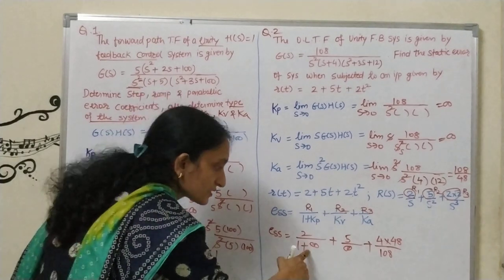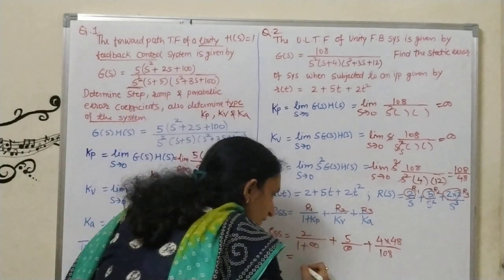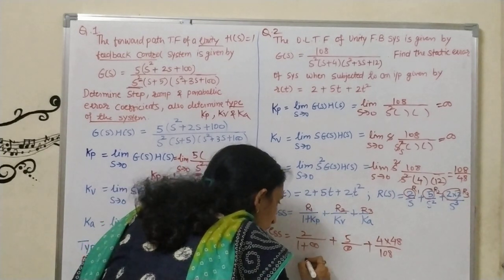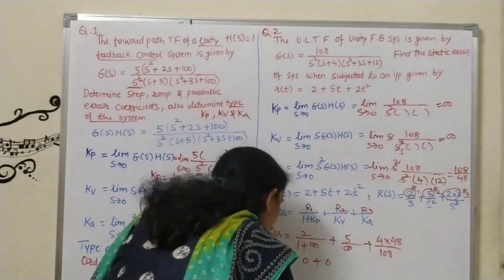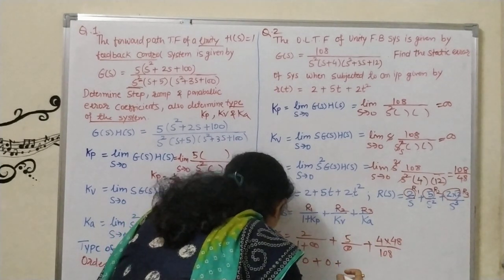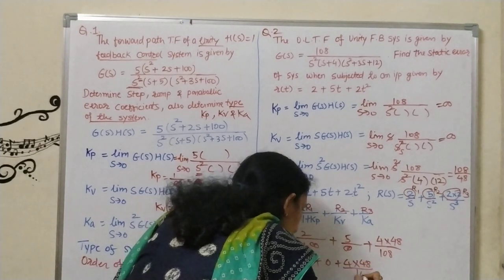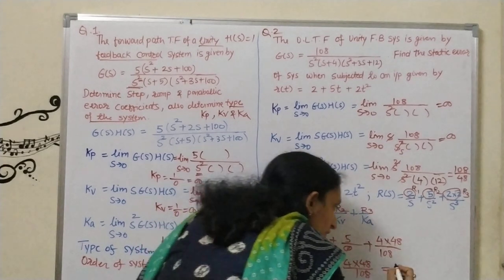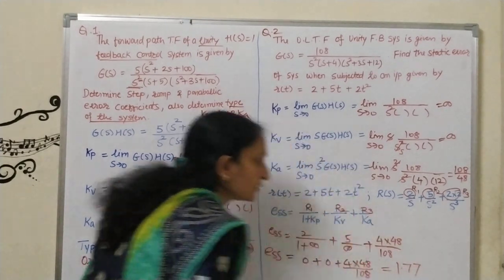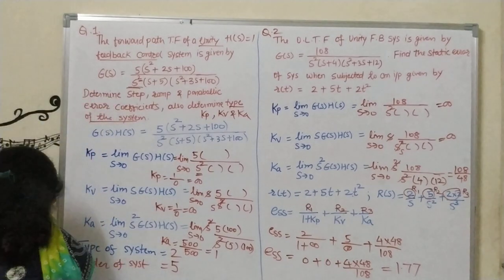Okay, so this term, look at this, 1 by infinity, this will actually be 0. Okay, and this term is again 0. Okay, so what I am getting here is 4 into 48 by 108. Okay, so I am getting the final answer as ESS is equal to 1.77.